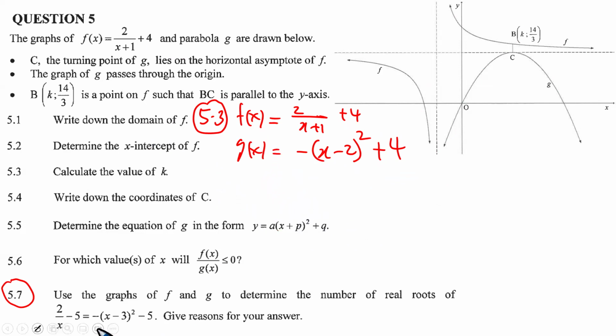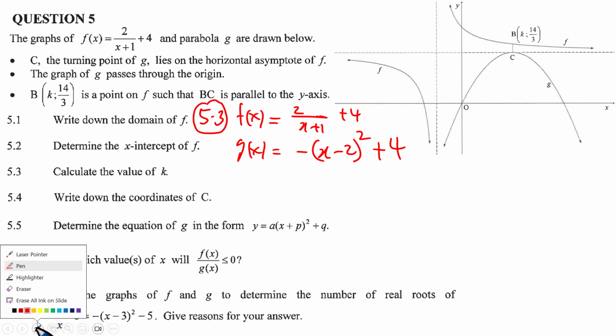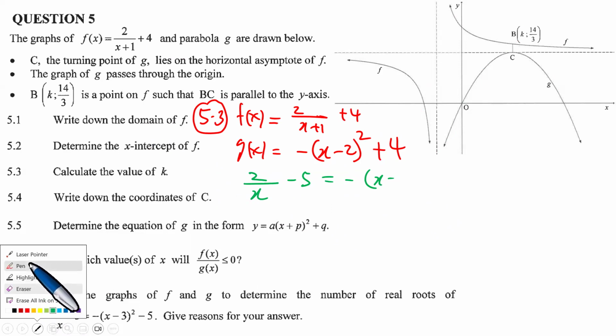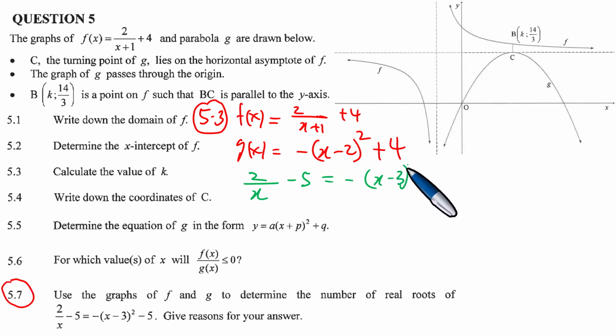Now let's look at what the examiner is doing here. The examiner decided to write the following. I want to write this one in green color. The examiner wrote 2 over x minus 5, which is equal to minus, open bracket, x minus 3, squared, minus 5. So what do we have?